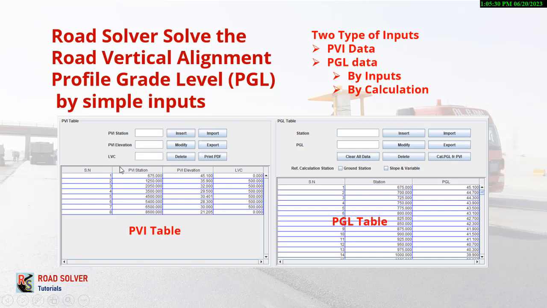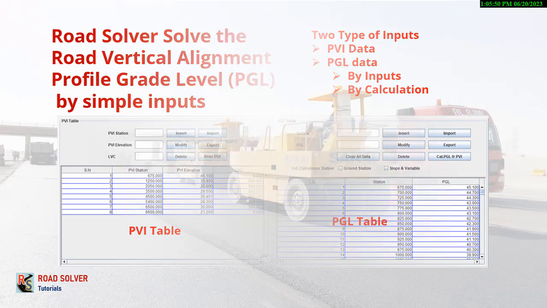Calculation means you can choose to calculate the PGL from the PVI data. So click this button, and the PGL value of each station is automatically calculated corresponding to the ground levels, ground station only. It will be calculated based on the ground levels.